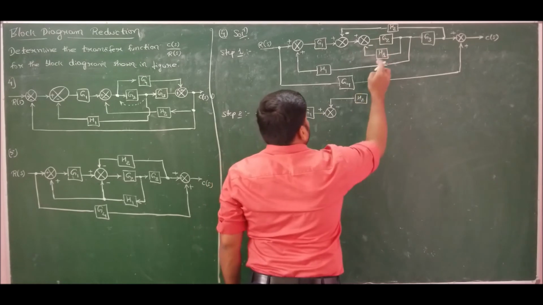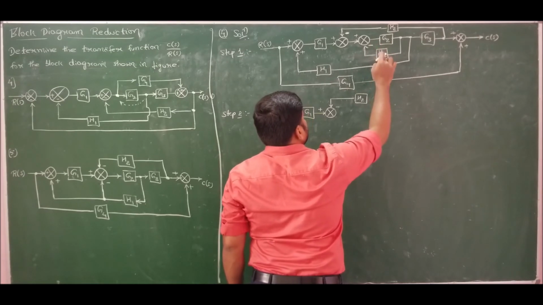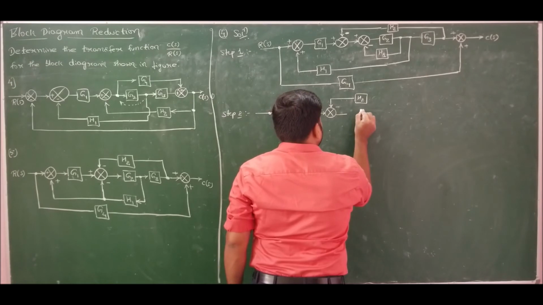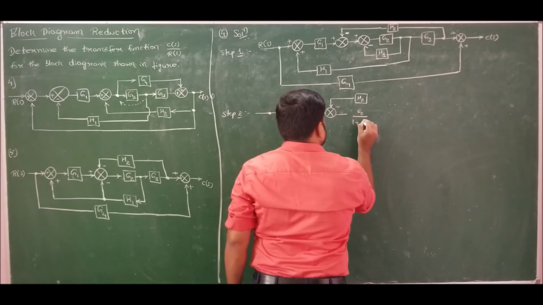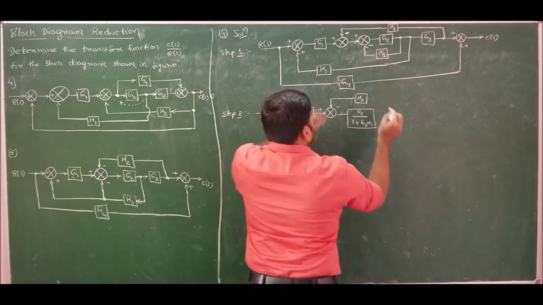And here, since it is a minor loop, the transfer function is g of s divided by 1 plus g of s into h of s. Because we have negative feedback, I should use positive sign. So it is g of s, that is g2 divided by 1 plus g2 h1. Close the minor loop. So this complete thing will be vanished.